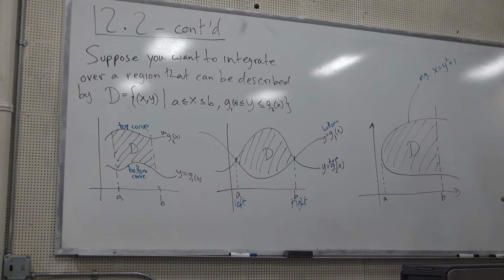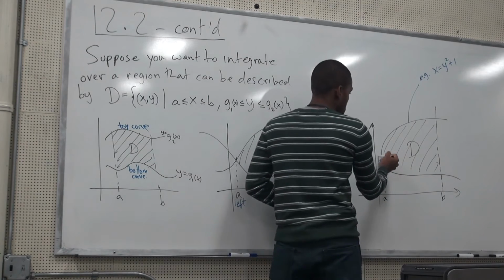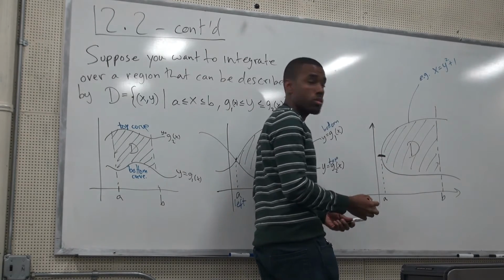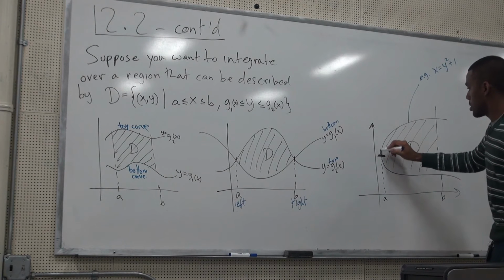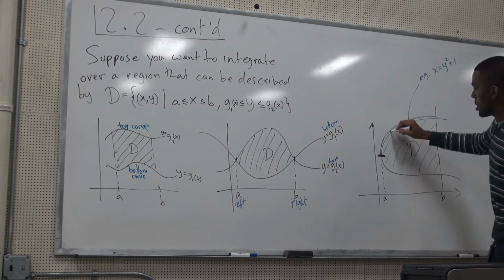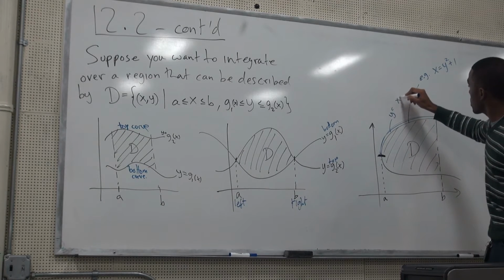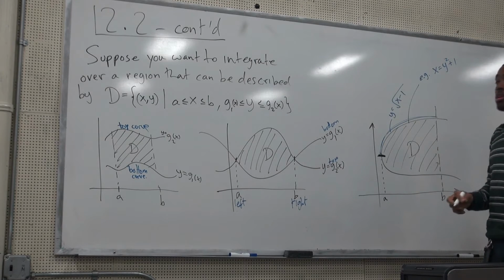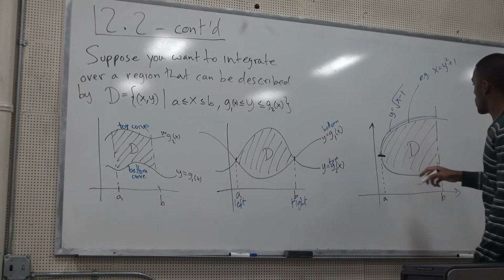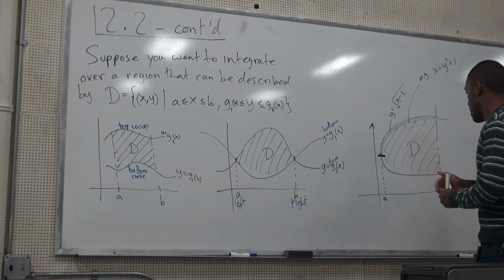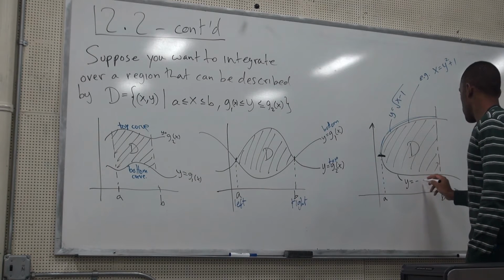Now, how you might think of that is you can sort of split the function in two. There's going to be this top curve. You can think of it as the function y equals the radical of x minus 1. And then the bottom one, I could think of as y equals minus the radical.